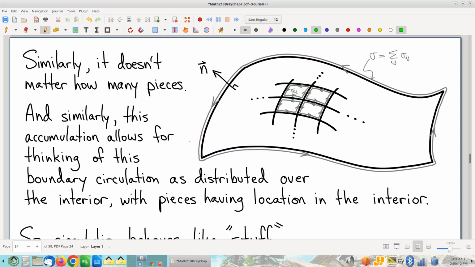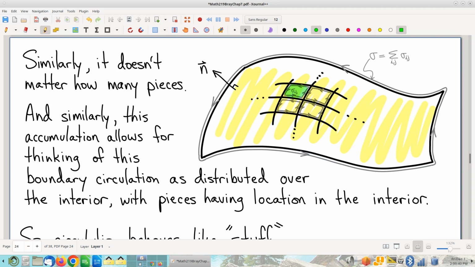The way to think about this is, and I'm going to use better colors, how much of the boundary circulation for this surface comes from boundary circulation for this little piece of the surface. And now it's pretty straightforward. If you want to know how much of the total mass was inside of that little piece, you just integrate density on that little piece.